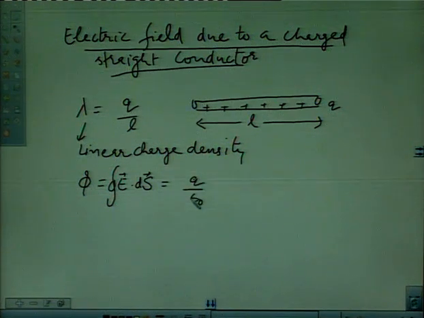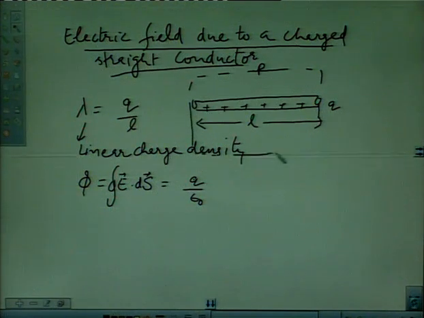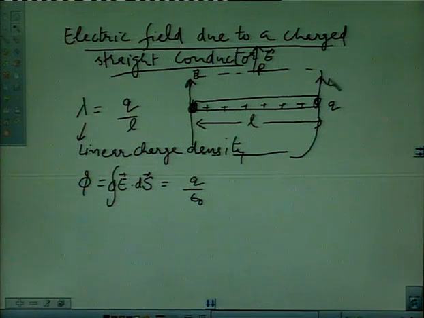In this case, suppose we have to find the electric field at this point P. So, we will draw a Gaussian surface, a cylinder including this point P. At this point P, the direction is perpendicular. At this surface also the electric field is along this direction. Here also the electric field is along this direction.